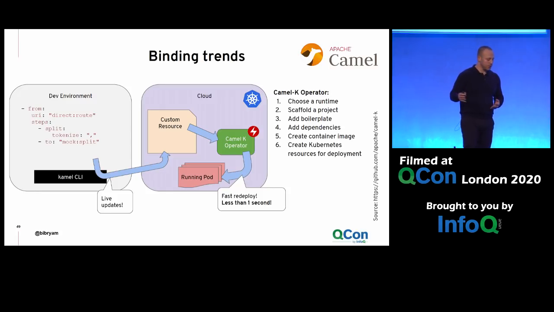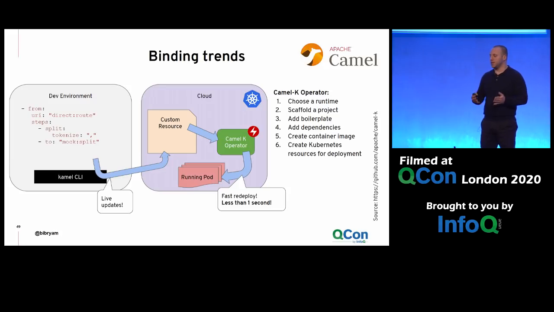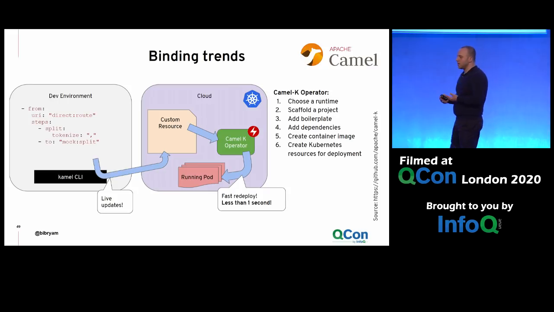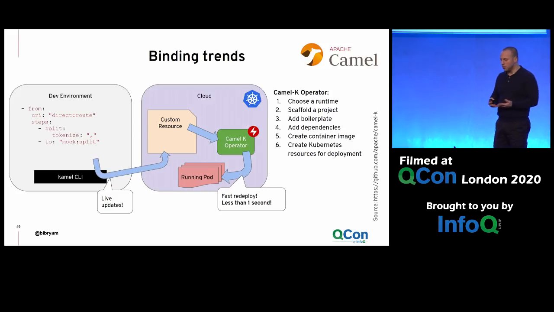So that's something that runs in Kubernetes that understands your integration. So when you write your Camel application and deploy it as a custom resource, the operator then knows how to build the container, how to find dependencies, and depending on the capabilities of the platform, whether that's Kubernetes only or Kubernetes with Knative, it can decide what services to use and how to materialize your integration.